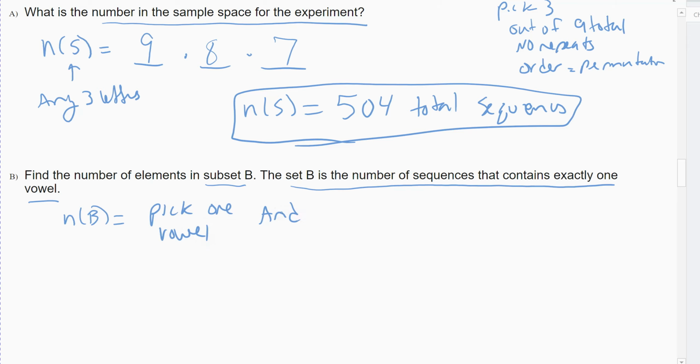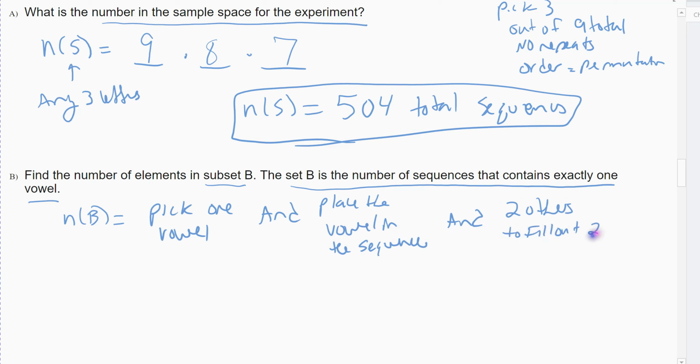Did I pick it in the first one, the second one, or the third one? So then I place the vowel in the sequence. Alright, and then I still have 2 more spots left to fill. So I still need 2 others to fill out the 2 places that are left.